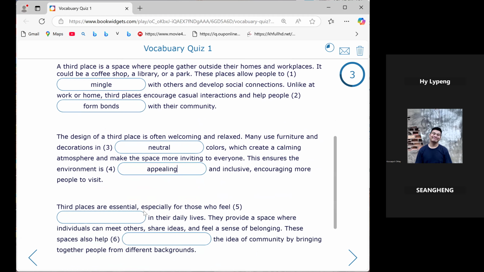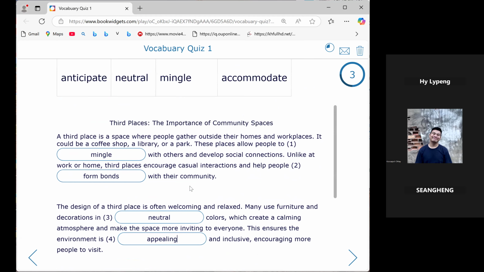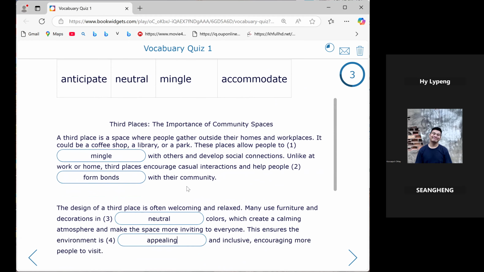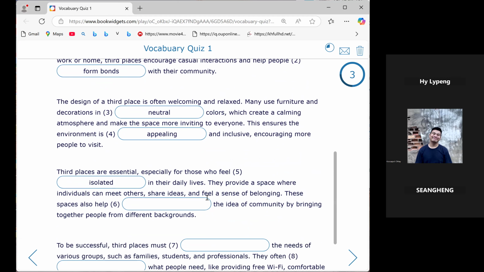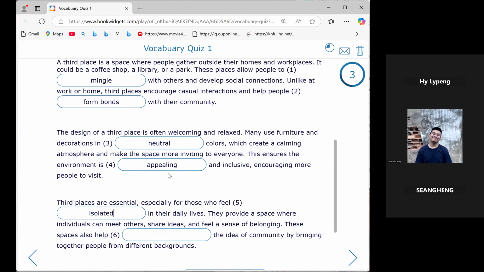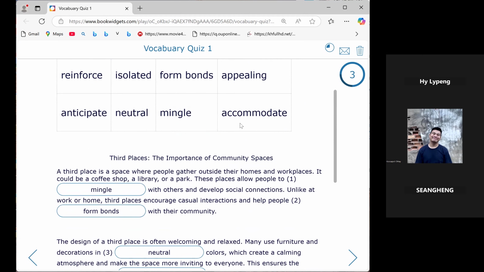Appealing made people get to visit. This is a place especially for isolated people who feel lonely in daily life. People also have what? Accommodate.